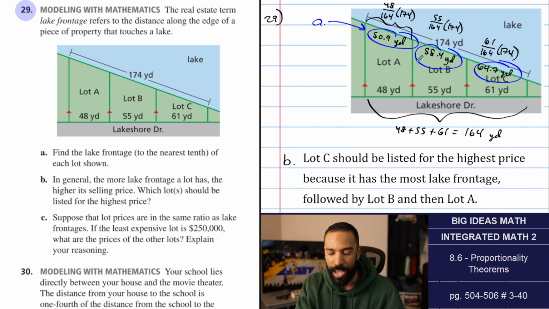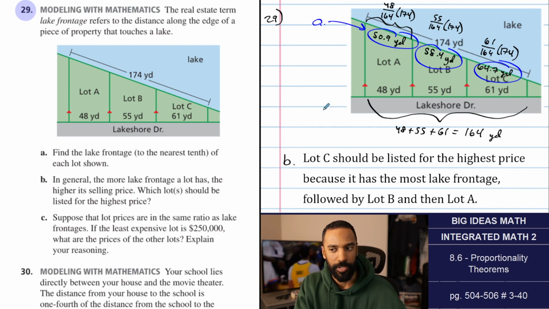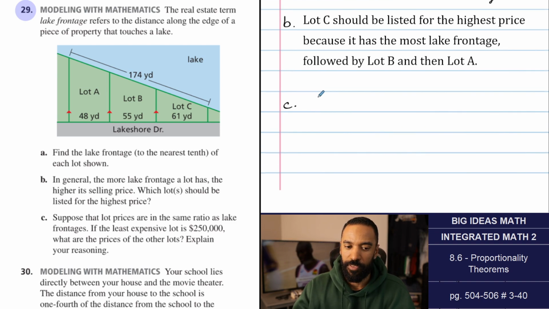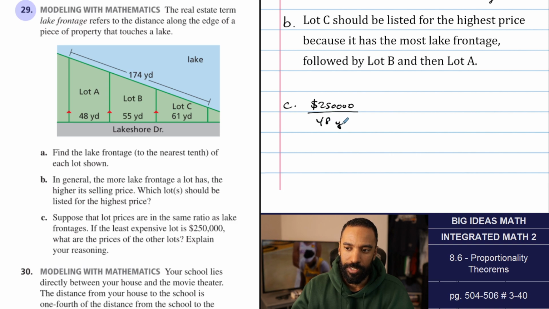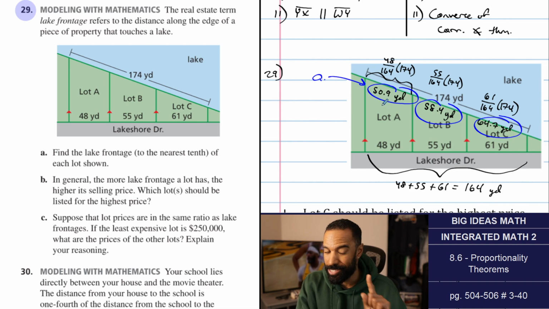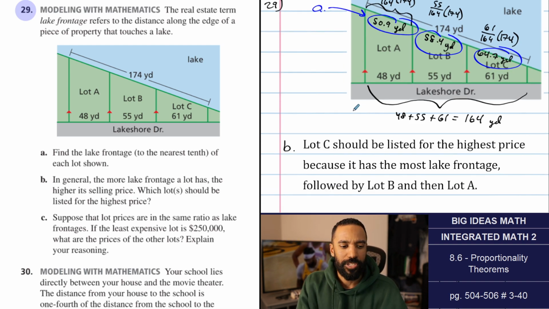48 over 50.9 should be the same as 55 over 58.4 and 61 over 64.7. They should be in proportion. If the least expensive lot is $250,000, that's lot A. So $250,000 over 48 yards, and 48 is exact. What are the prices of the other lots?